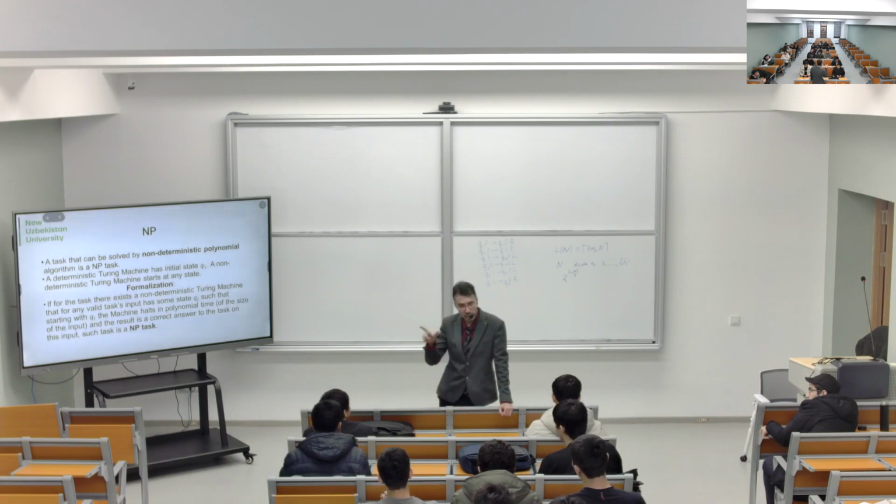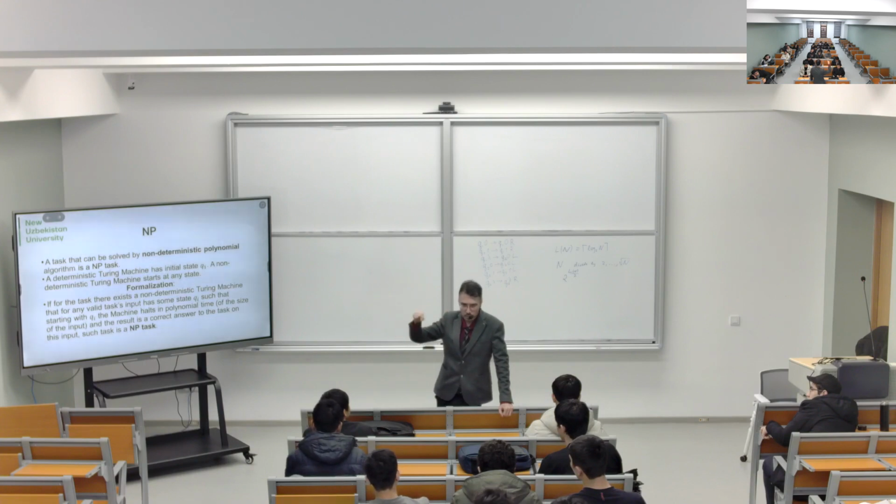If we change the input, the state will also change. For any different input, there will be a different starting state that will solve it in polynomial time. So we call that non-deterministic polynomial.